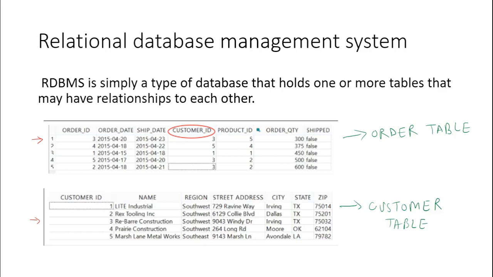For example, if you check the first row of the order table, we have an order ID of 3 and a customer ID of 3. So basically the first row data is referencing the third row data of the customer table. That is how we build relationships between tables, and it is the foundation of relational database management systems.